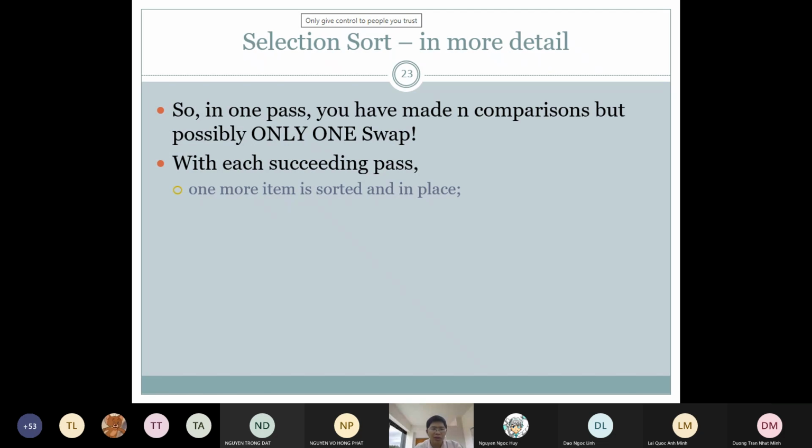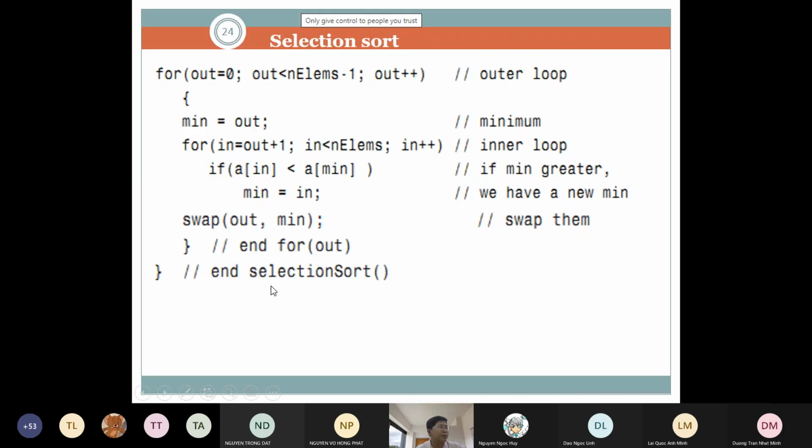Okay, so now let's check the implementation. You see, of course, the code is a bit more complex, but for the performance, it's better. Try to read it.